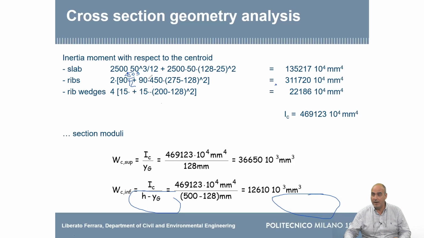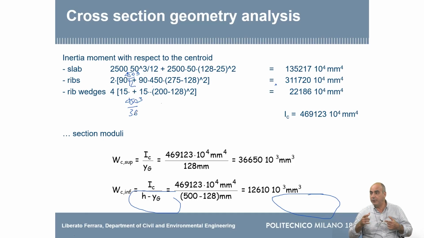Plus you have once more the area times the square of the distance between the two centroids. And here you have 4, the moment of inertia of the triangle is 450 to the cube divided by 36, plus once more the transport term.